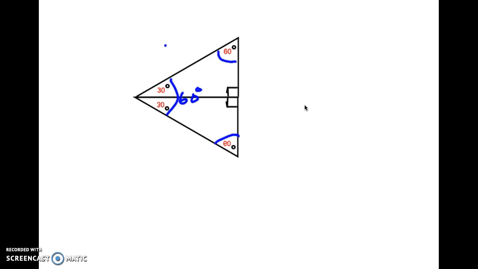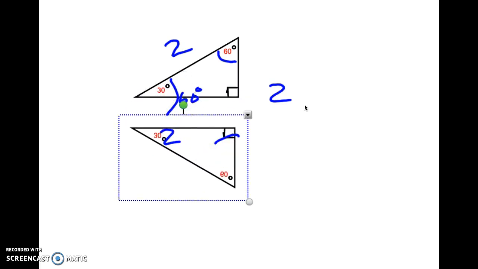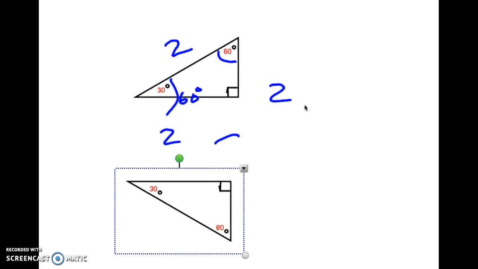So what was done is they labeled all the sides 2 to start with. When we split the triangles in half, so I'll pull this one out of here, that only left half of the triangle there.